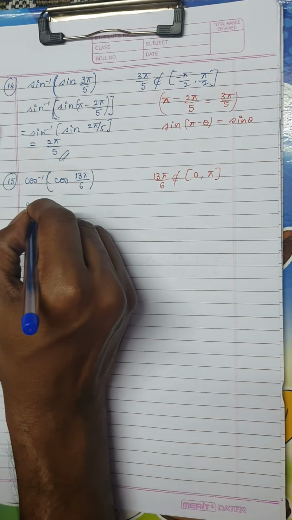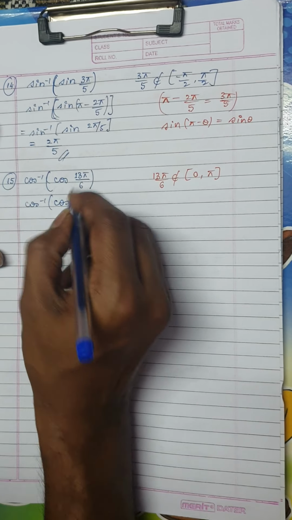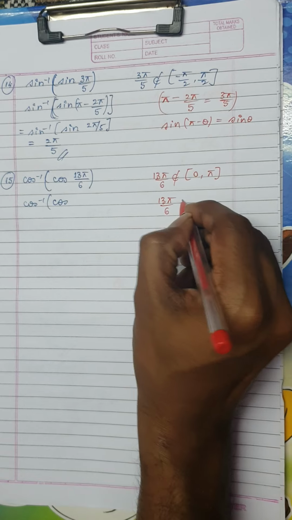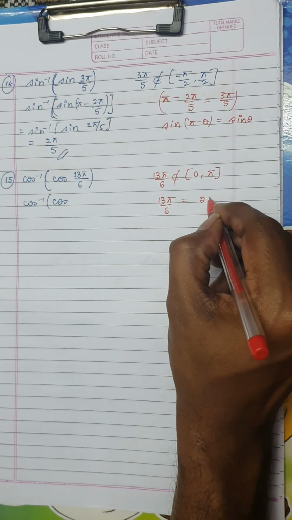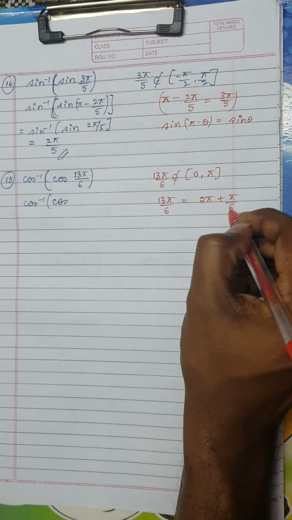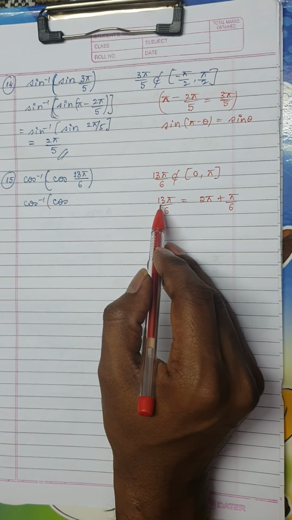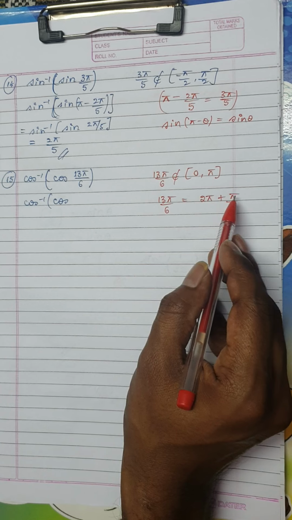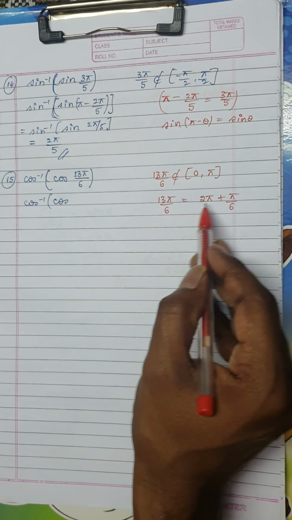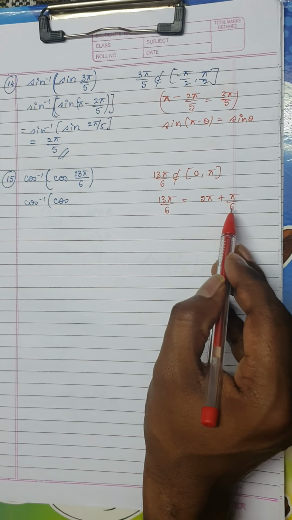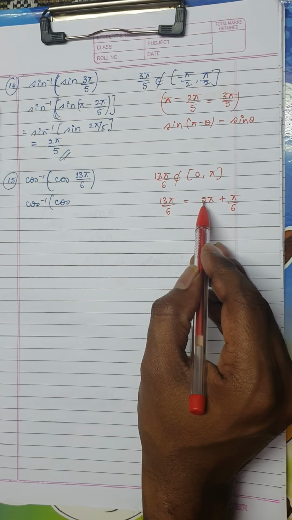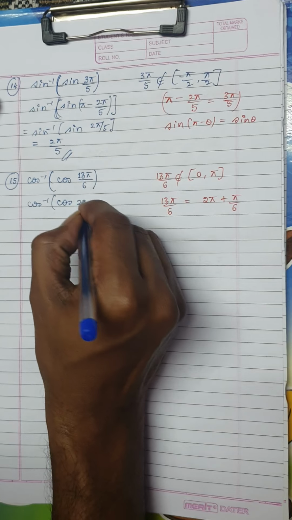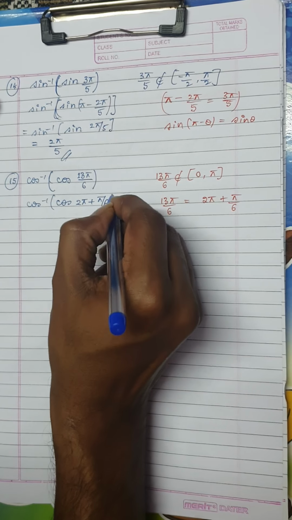So I can write 13 pi by 6 as 2 pi plus pi by 6. 13 pi is nothing but 12 pi plus pi, isn't it? If you divide it separately, it is 2 pi plus pi by 6. If you take the LCM, 6 twos are 12 plus 1. So I am going to write this as 2 pi plus pi by 6.